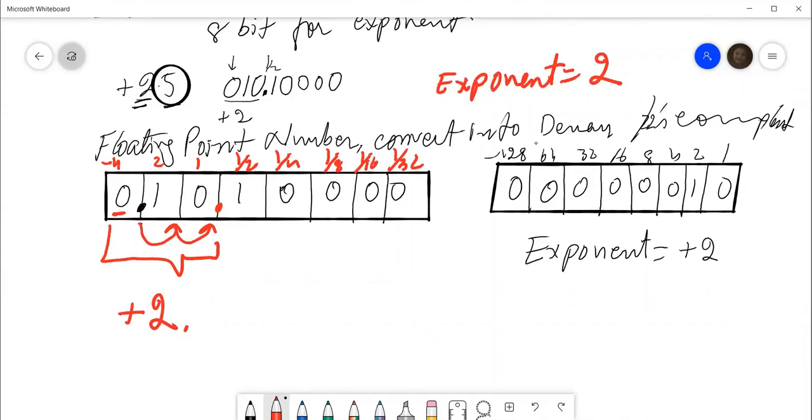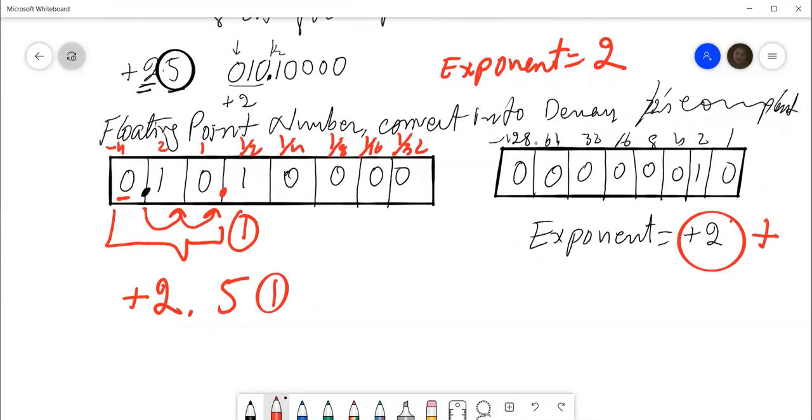And here only 1 over 2 is on, so my answer is 2.5. So 1 mark will be given for my exponent representation, 1 mark for showing the correct float of the decimal, and 1 mark will be given for the final correct answer in its calculation. So this is it.